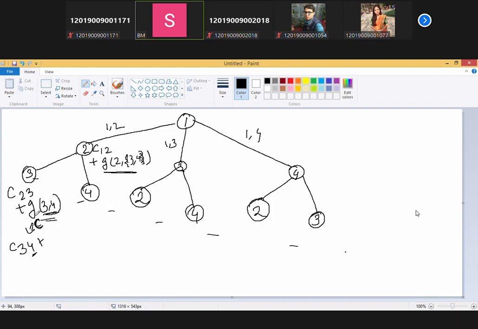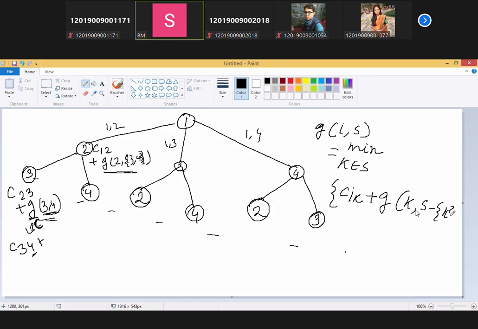The moment you solve this, g of i comma s equals, with this formula, minimum over k belongs to s of c of ik plus g of k, s minus k.